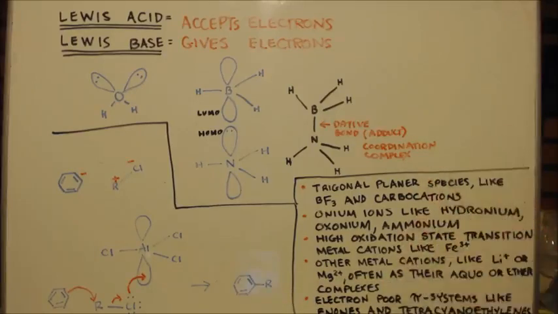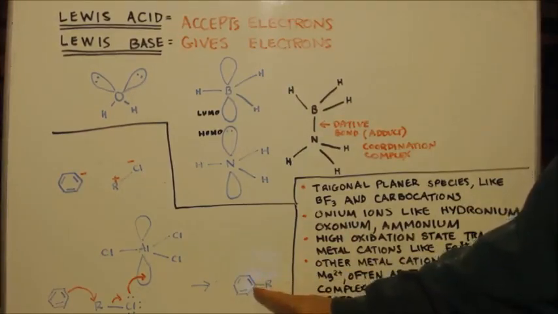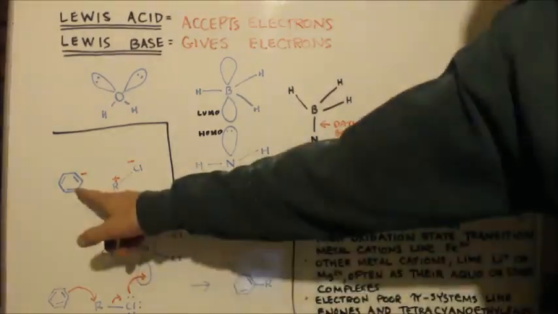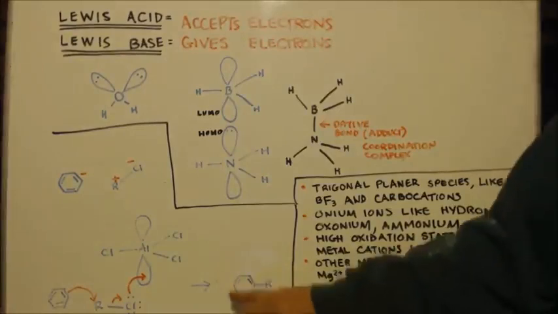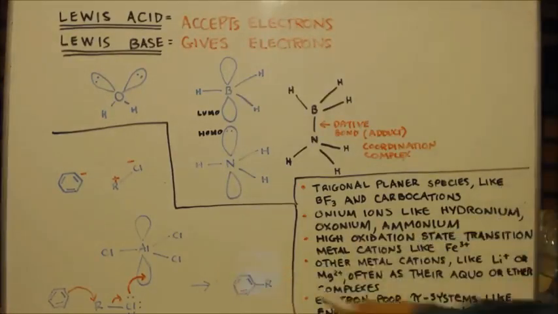Now this isn't what the video is about, but I might as well put it in. This is actually a bad reaction because, one, this is more reactive than your starting material, and you end up over-alkylating. You end up putting more R groups, more alkyl groups on here.